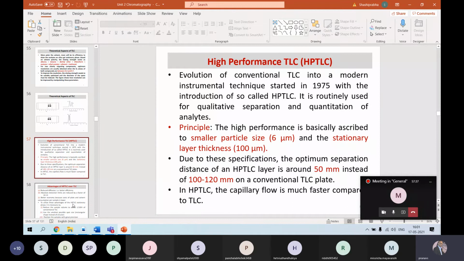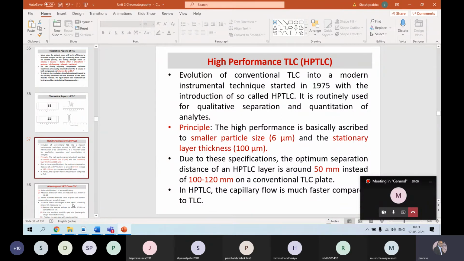So there is a difference in the particle size. Because we know the smaller the particle size, the better, there will be less interstitial space. The same thing applies to planar chromatography as well. So when you reduce the particle size, naturally the efficiency increases.